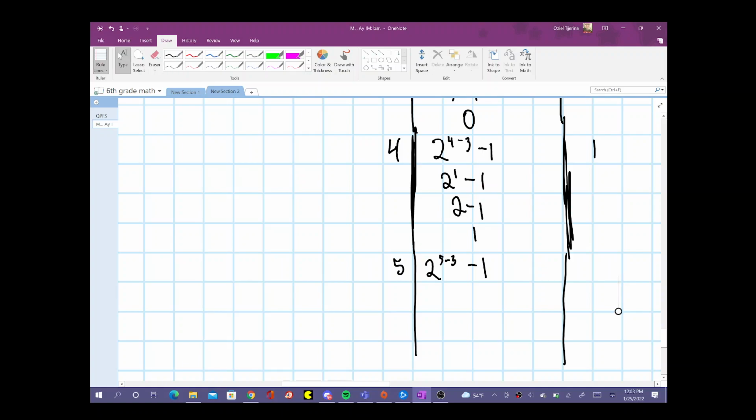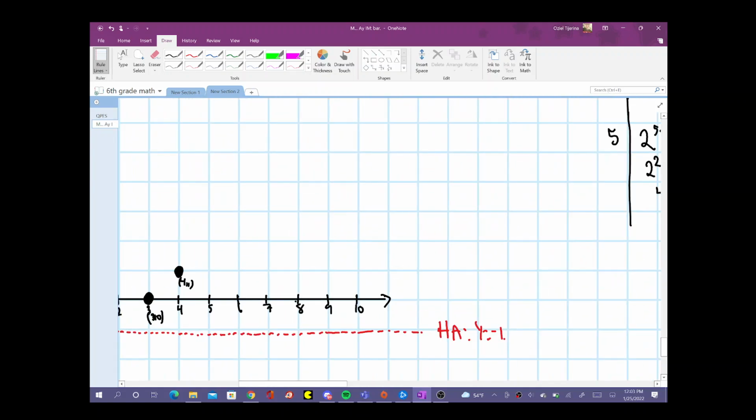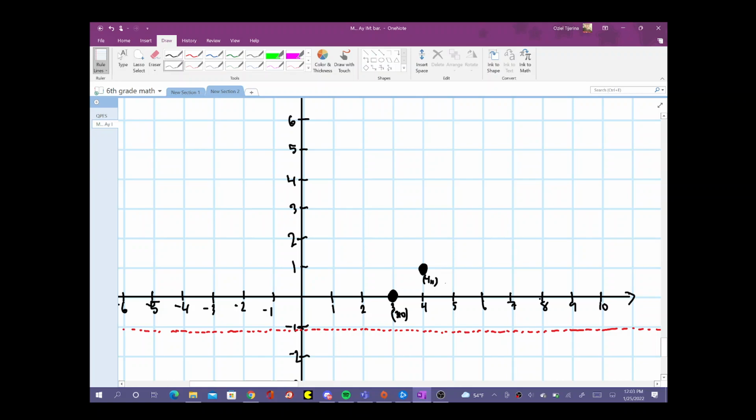So we're going to say 2 squared minus 1, which is 4 minus 1, which is 3. So when x equals 5, y equals 3. So we're going to go ahead and plot that. So (5, 3), which is like right here.